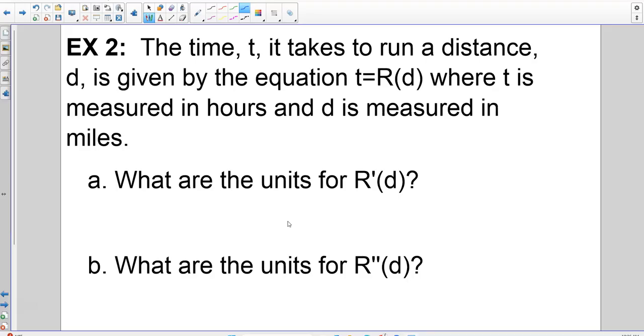It is going to be in most cases, because t is usually your independent variable. Is t your independent variable here? It is not. What is our independent variable? d, which is the distance, right?